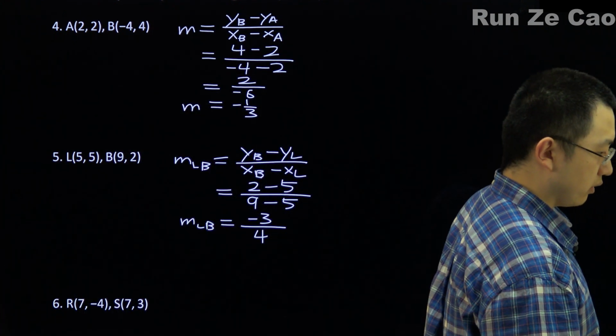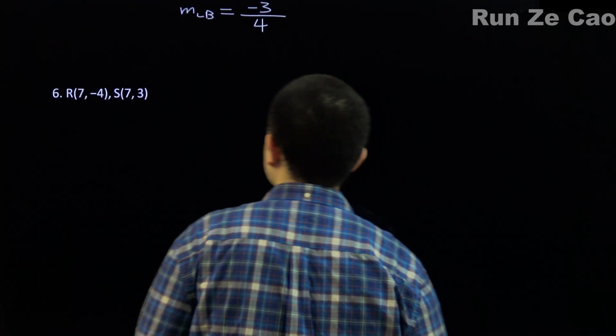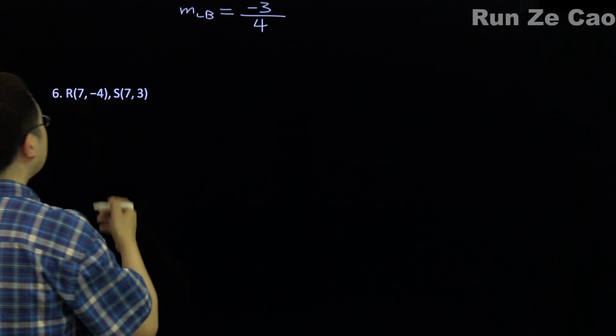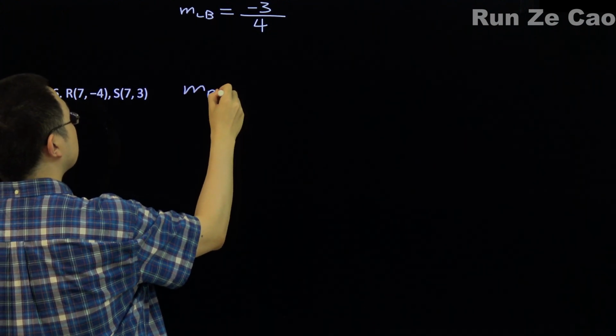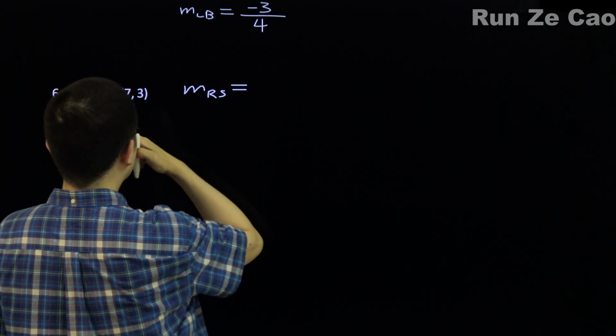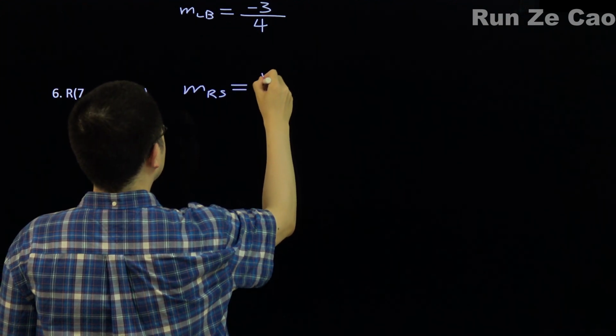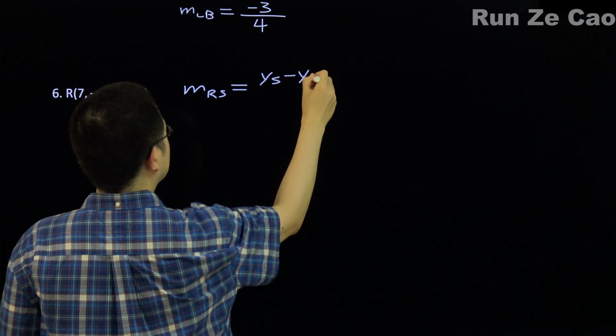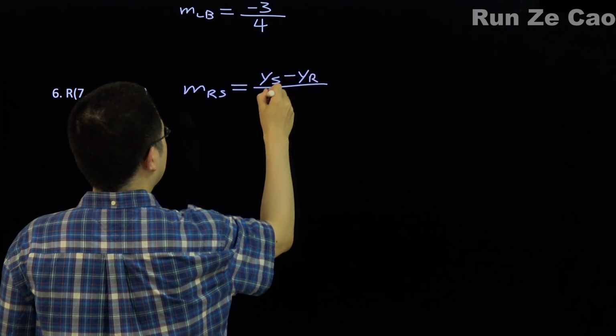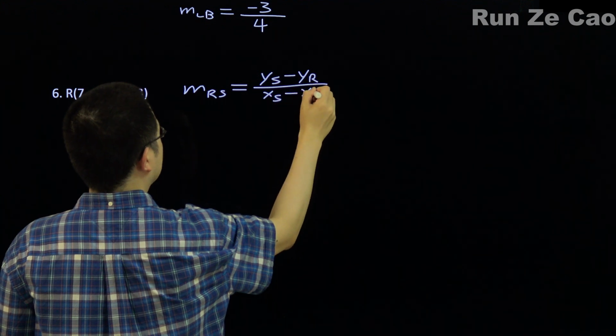Yeah, we should also put that there. So now that we've made a bit more space, let's find M of RS. M of RS is equal to YS minus YR over XS minus XR.